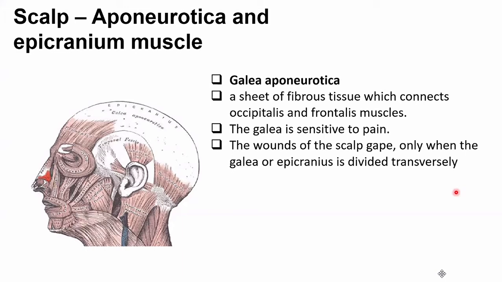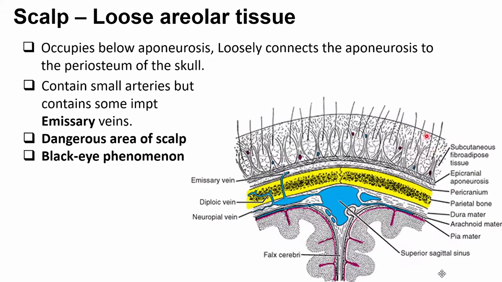So after the aponeurotic layer, from the skin, you have the connective tissue, then the aponeurosis, and then this is the loose areolar tissue. It contains small arteries, but also some important emissary veins.